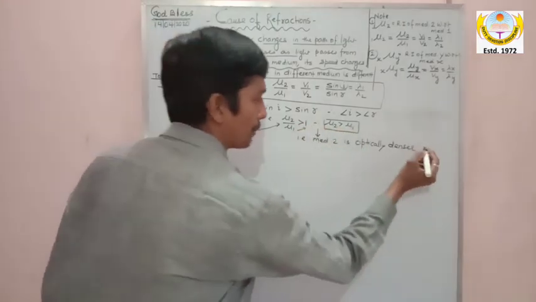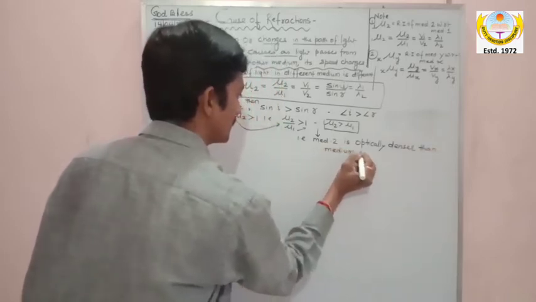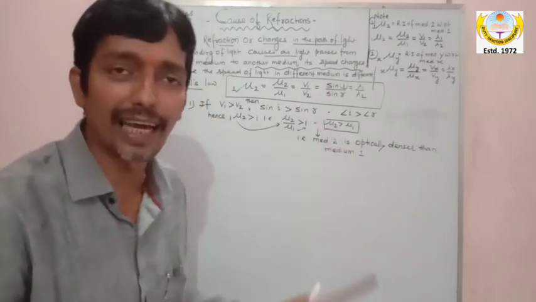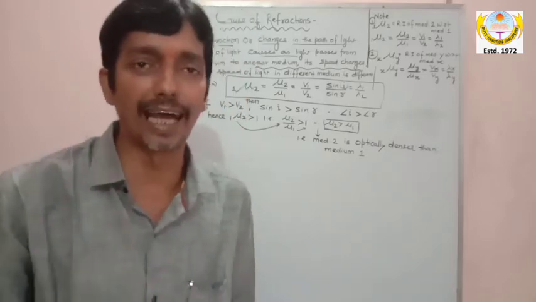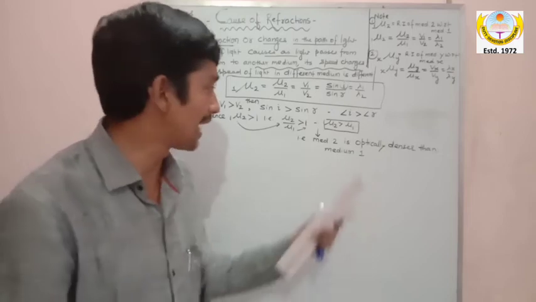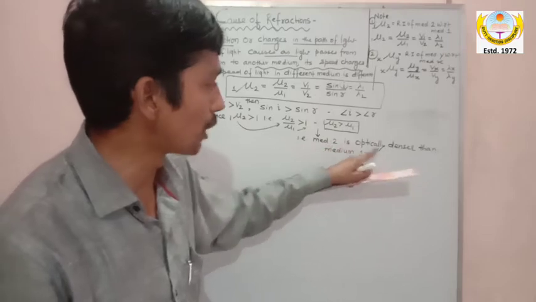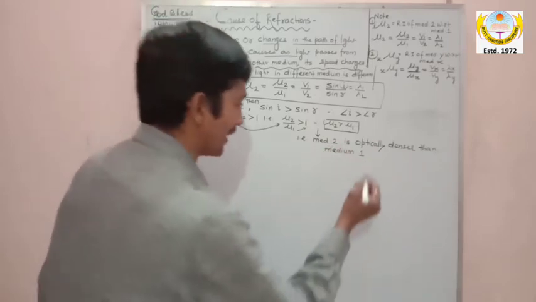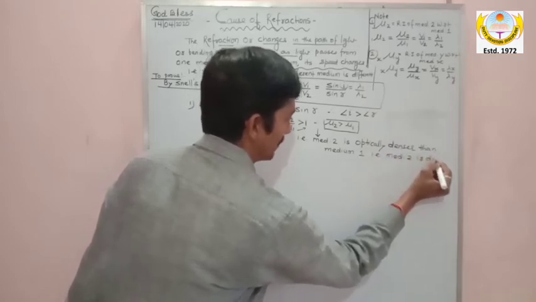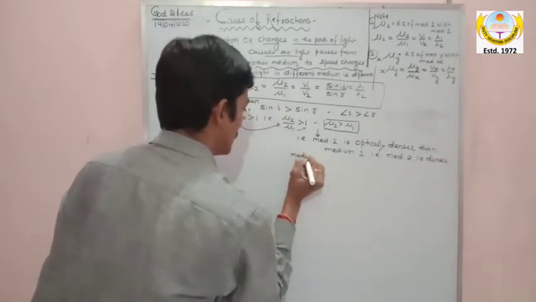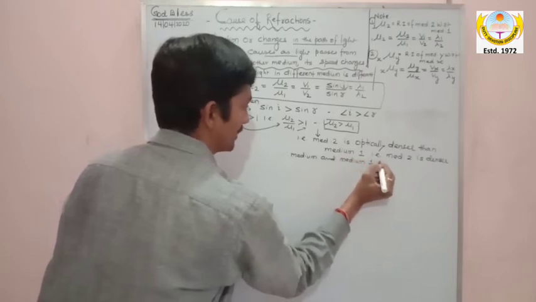That is medium 2 is optically denser than medium 1. The one with the higher refractive index is denser, and the one with the lower refractive index is rarer. So here medium 2 is optically denser than medium 1. That is, medium 2 is the denser medium and medium 1 is the rarer medium.